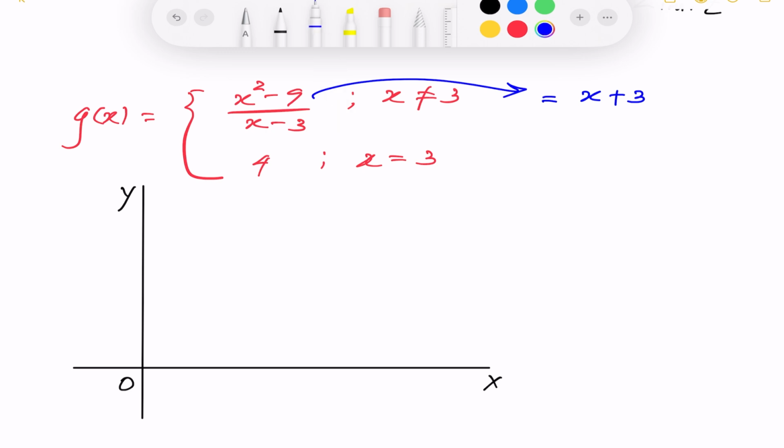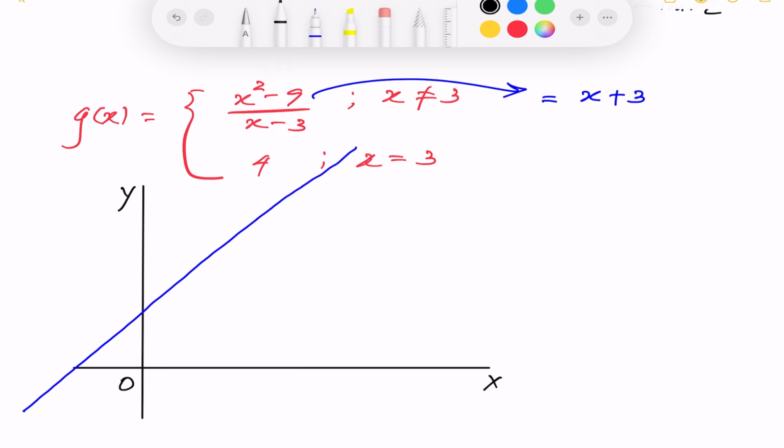Basically, I need to draw y equals x plus 3 for everywhere except the place x equals 3. So how do you draw that one? X plus 3 is a graph like this. It has a positive slope equal to 1, and it has plus 3 as the y-intercept. So it will be a graph like this.